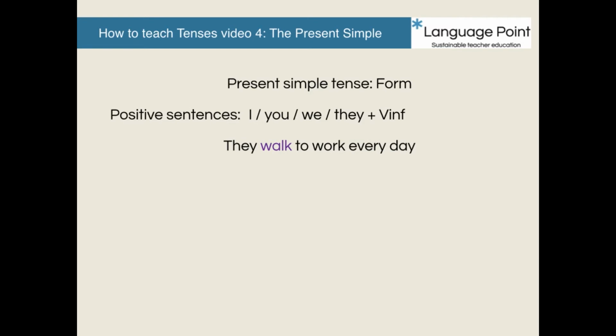So the walk verb stays the same because it's the infinitive form. However, if we use the third person, he, she, it, we need to add an S ending onto the verb. So where we would say, I eat something, he eats eggs every morning, and we add that S on the end. This is the troublesome thing for learners to remember generally.